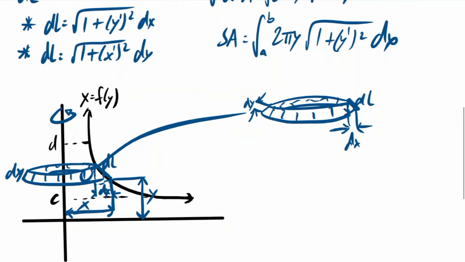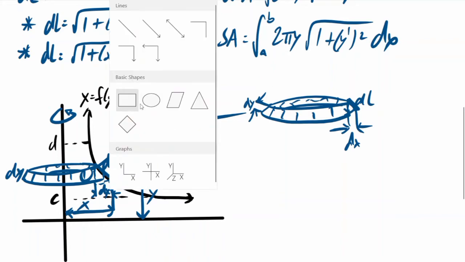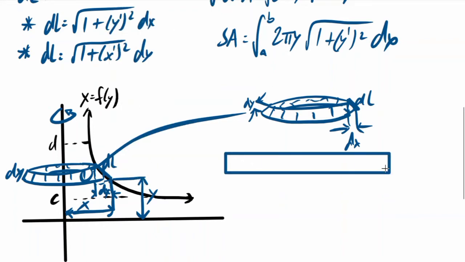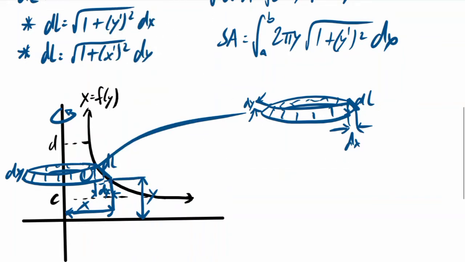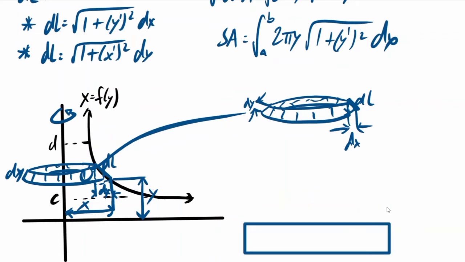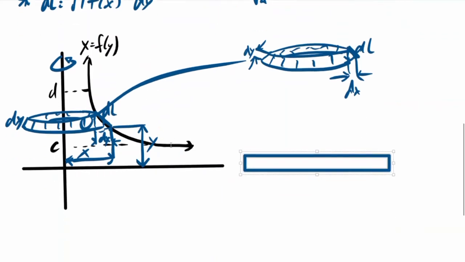So if we cut this off from the middle, we will make a rectangular strip like this here. Now, just like before, since we are solving for the length of the line around the circle, that is the circumference of a circle.